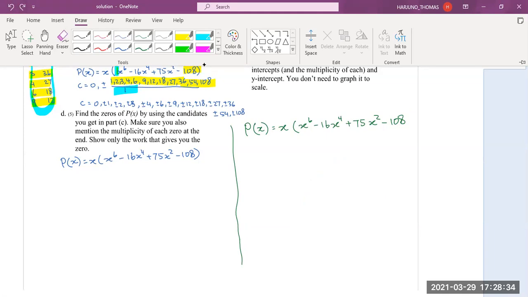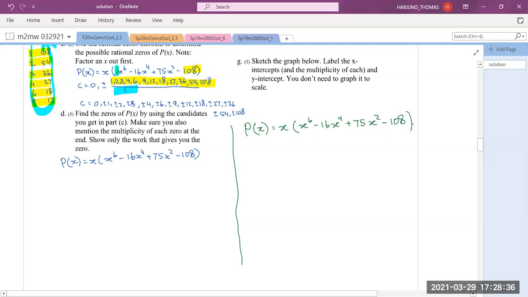Now, let's work on this. When I observe the sum of the coefficients here, 1 minus 16 plus 75 minus 108, I get a negative number. So when x equals 0, that's negative. When x equals 1, that's also negative.